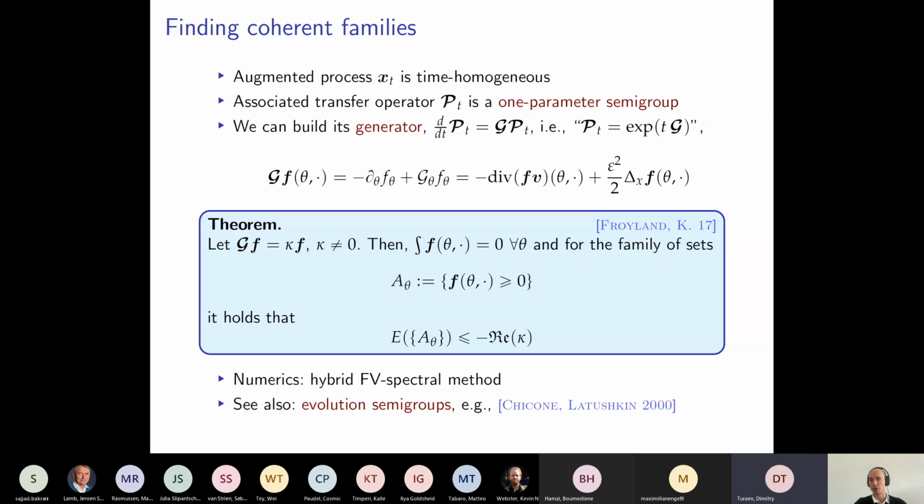My guess is that if I just formally take epsilon equals 0 in this operator, then the eigenfunctions with kappa equals 0 will be just characteristic functions of every invariant set. Yes, that is probably correct, and that's why you are not just considering epsilon going to 0.